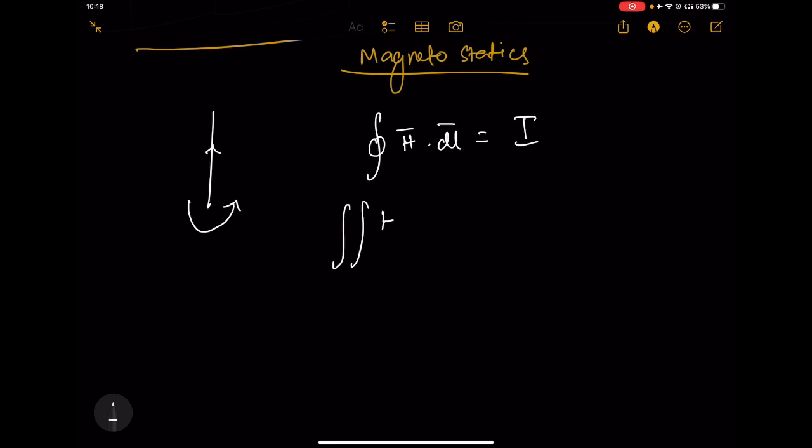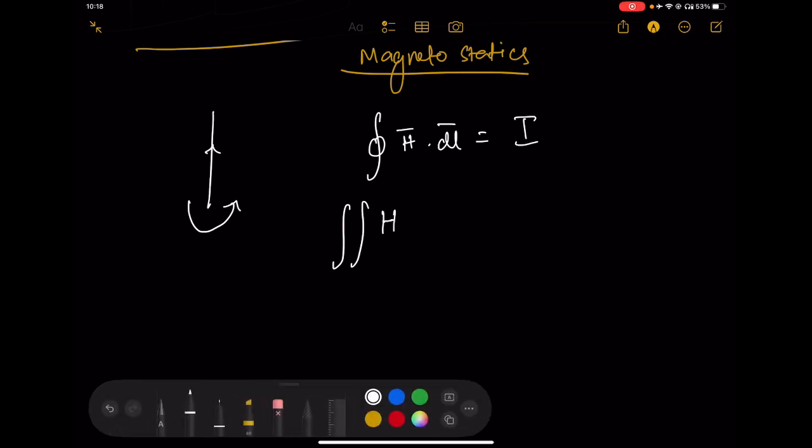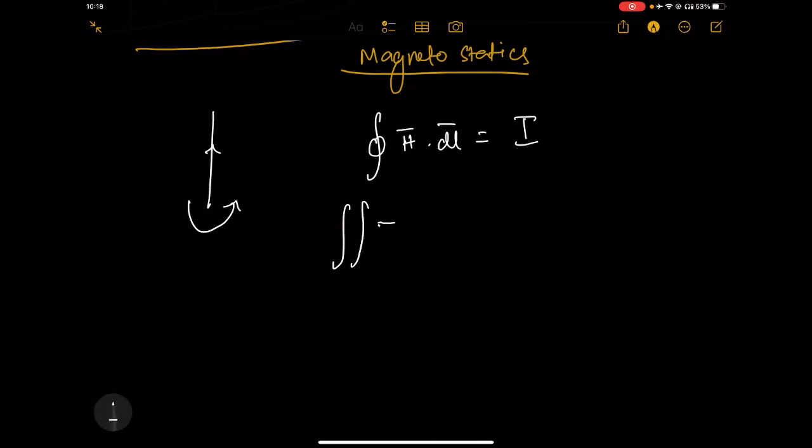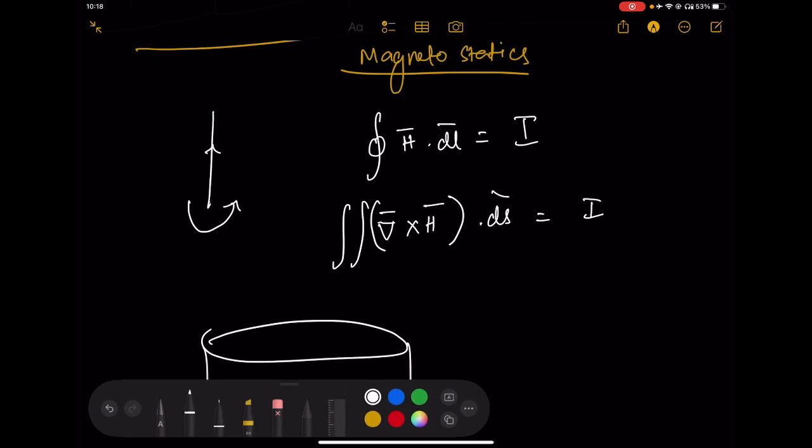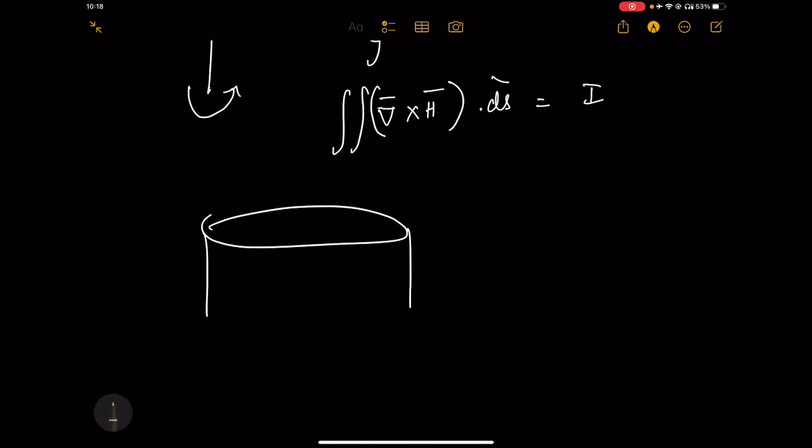So it will be the surface integral of del cross H dot ds. I will have to write the right side equation also something like that, so I will try to write I. For example, if you zoom into the current carrying conductor like this, and say there is a small area here, ds.